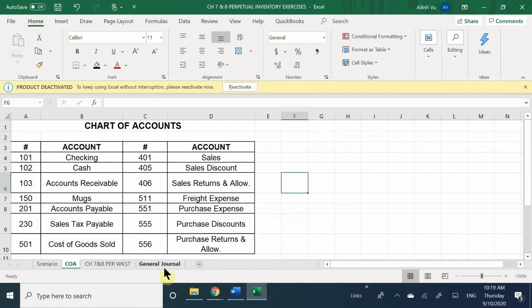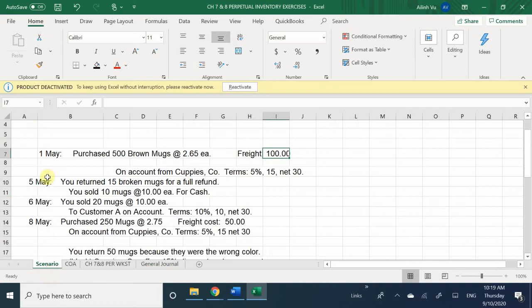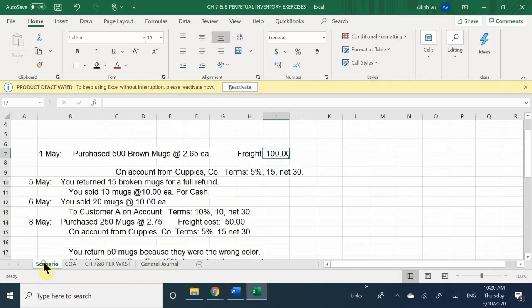Exactly. In our journal here, we're going to indicate the date, which was May 5th. We've returned a total of 15 broken mugs at a full refund. What was the date again? The 5th of May? Yes.